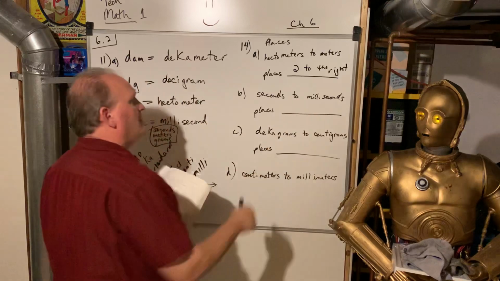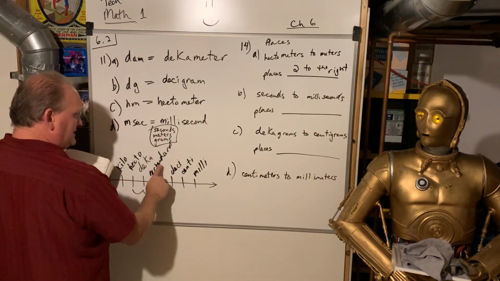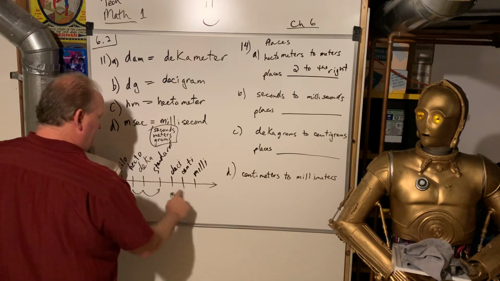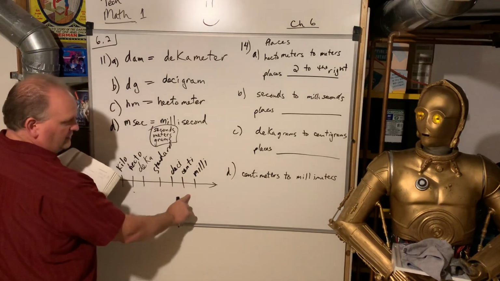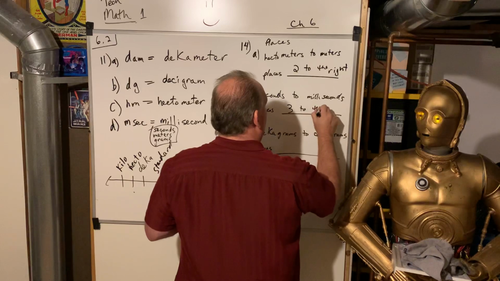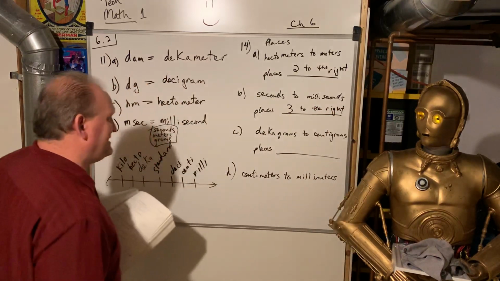All right. How about seconds to milliseconds? The seconds, that's in the standard spot. To milli, that would be 1, 2, 3 places to the right. How about deca to centi?